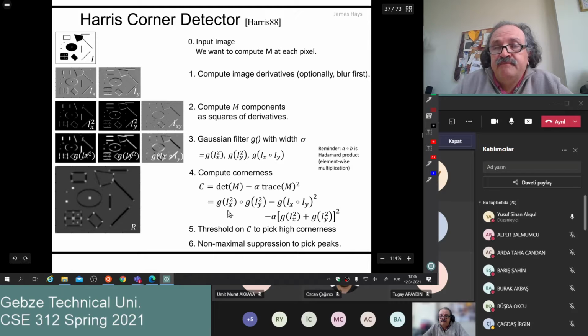All the x gradients, y gradients, squares, and minus the multiplication of x and y gradients, and minus this. So this is the threshold, this is the calculation, and we do the non-maximal suppression. That's what we get.